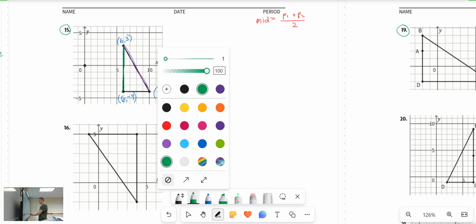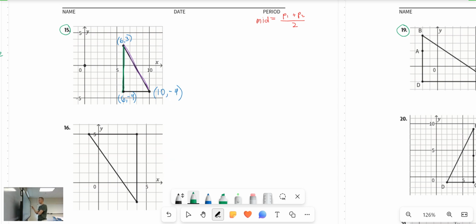So between 6, 3, and 6, negative 4, well, we know that the x value, we're going to do this in green, right? So in the green, this is our vertical line midpoint, it's from 6, 3 to 6, negative 4, which means the x value has to be 6, right?